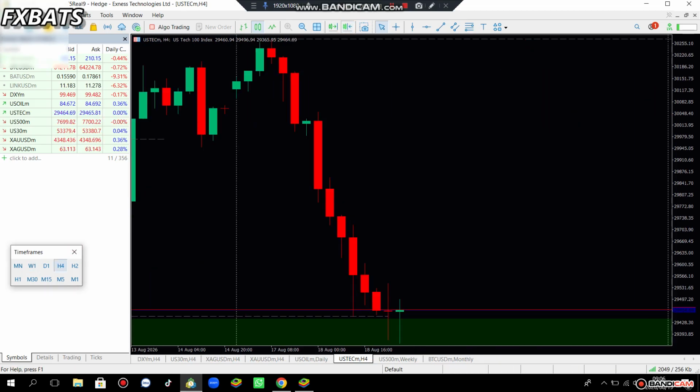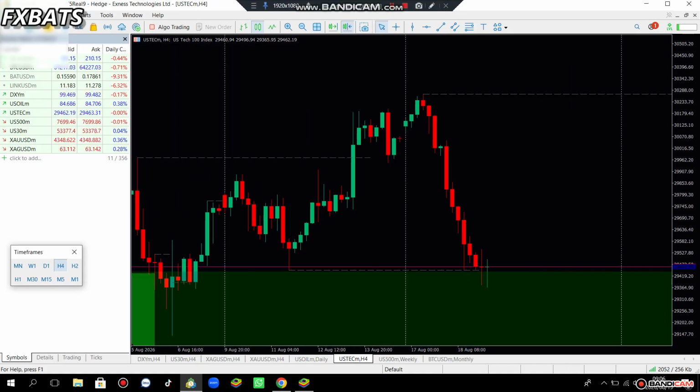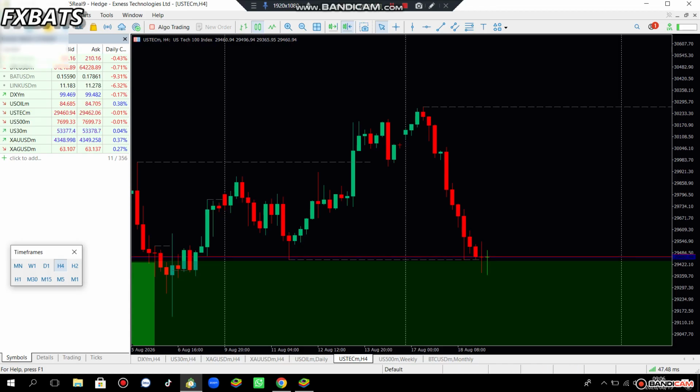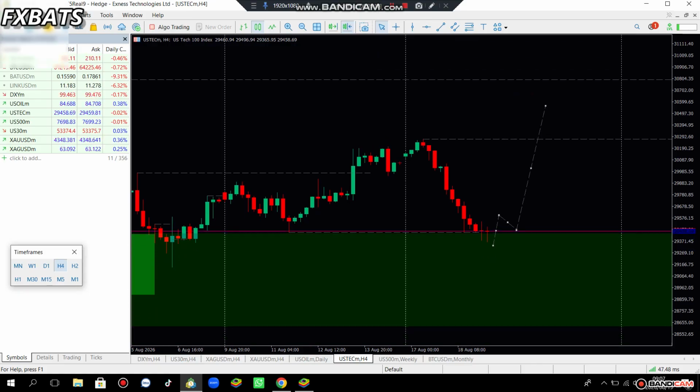On 4 hour, this is the time frame I'll be waiting on to see an impulse shift or a sharp turn. I would literally wait for one thing: a bullish fair value gap. Without seeing a bullish fair value gap, I won't frame any entry. Once it forms, I'll be able to use the same bullish fair value gap to frame my entries to the upside towards the monthly draw on liquidity.